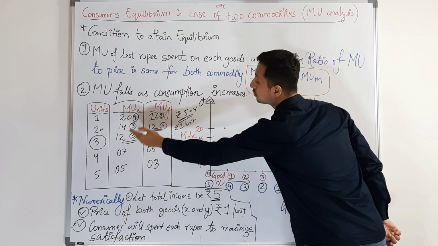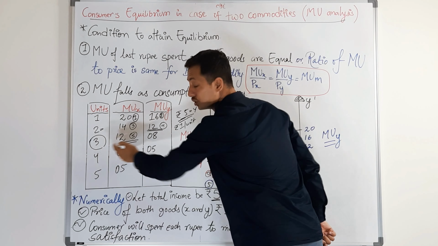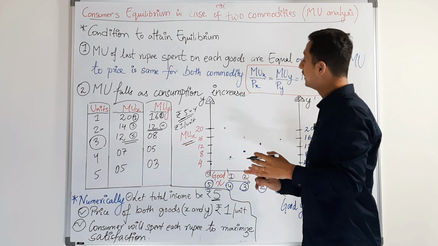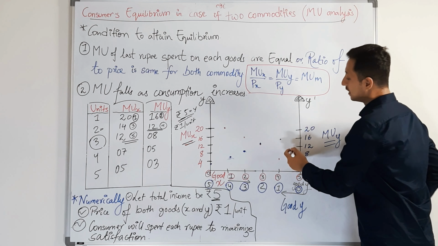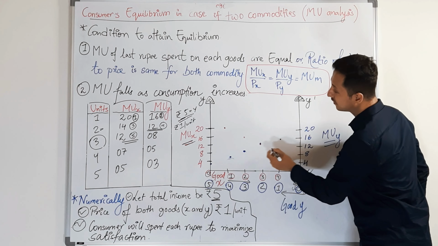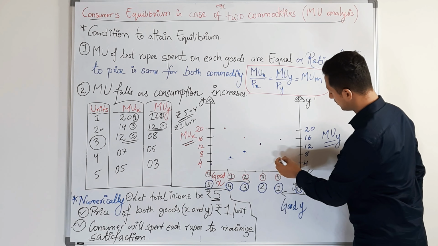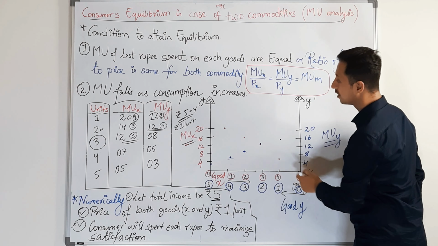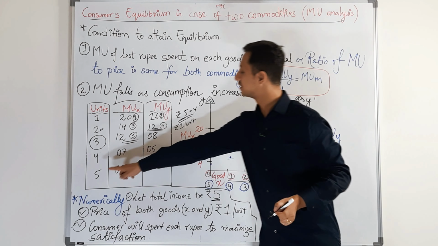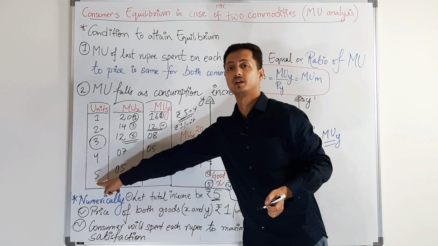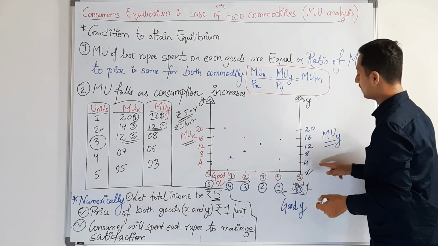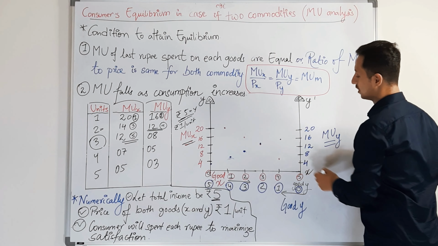When consuming the fourth unit, the consumer is deriving 7 utility, that's somewhere around here. Then when the consumer is consuming the fifth unit, it's deriving 5 utility, that is somewhere around here.